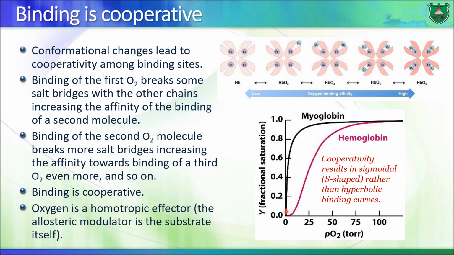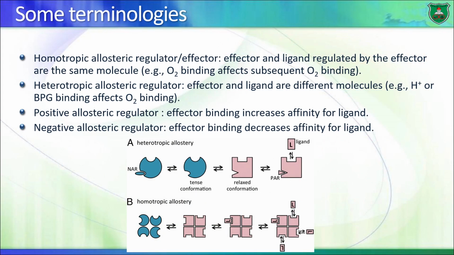Okay, so we said that hemoglobin is an allosteric protein, meaning that it has different shapes, the high affinity state or structure and the low affinity state or structure. Now, these allosteric proteins, and later on we will be talking about allosteric enzymes as well, are regulated by small molecules known as allosteric regulators or effectors.